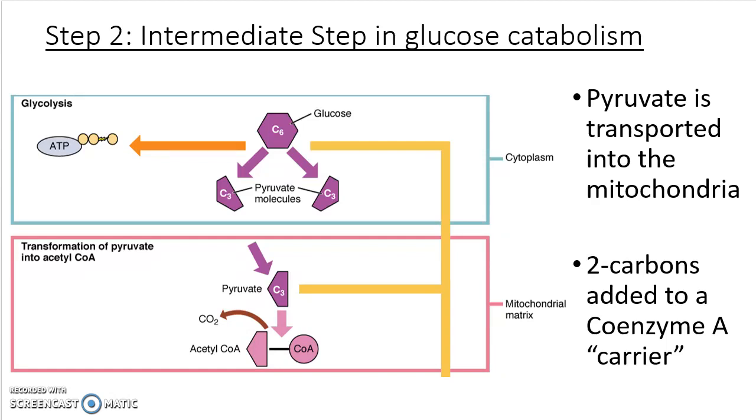You can think of it as it's shuttling these carbons to the next set of reactions, where we're going to transfer the rest of the energy out of these carbons and store it up in our ATP and other energy-rich molecules in the cell.